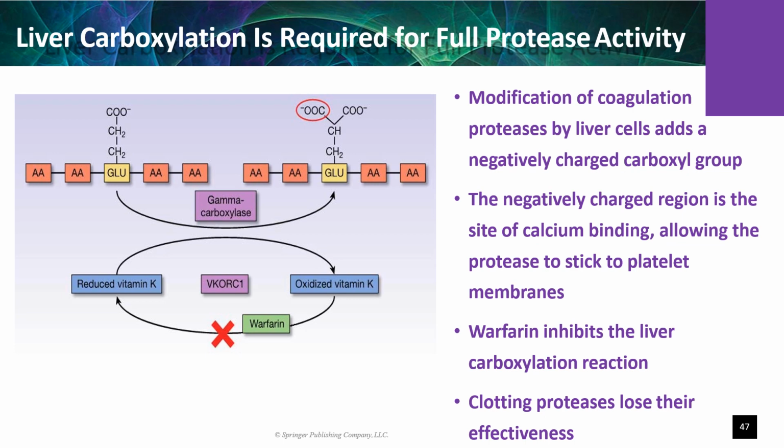This reaction adds a negatively charged extension to the protein, facilitating binding to platelet surfaces by calcium once the precursor zymogen has been activated. Vitamin K serves as a cofactor, transitioning from the reduced to the oxidized state.